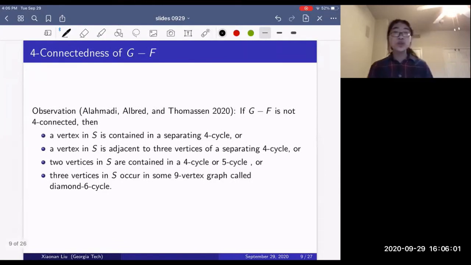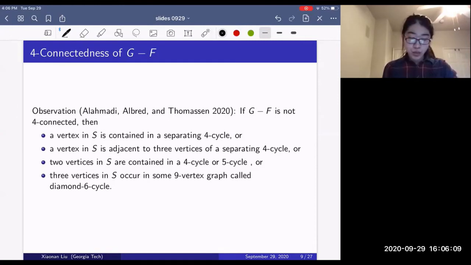Okay, so to find such a good independent set, first we need to make sure what conditions the independent set should satisfy, then we can do this.